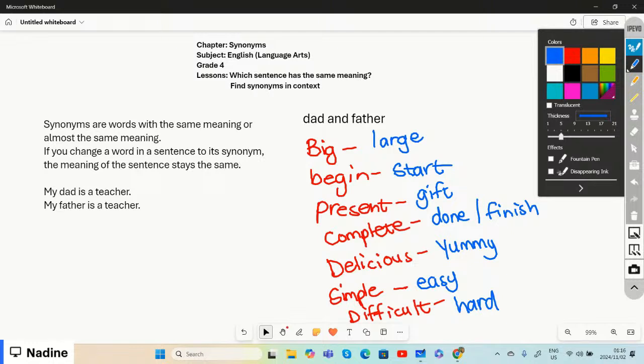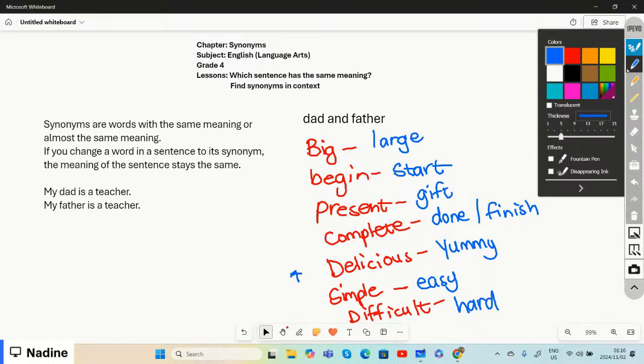My friends brought me presents for my birthday, or we can say my friends brought me gifts for my birthday. I completed the assignment. The assignment is done. The assignment is finished. Those cupcakes were delicious, or we can say those cupcakes were yummy.